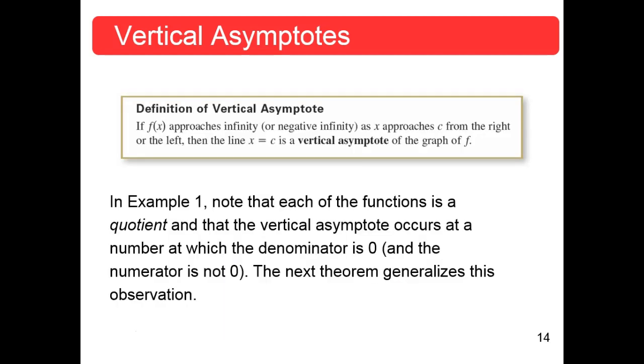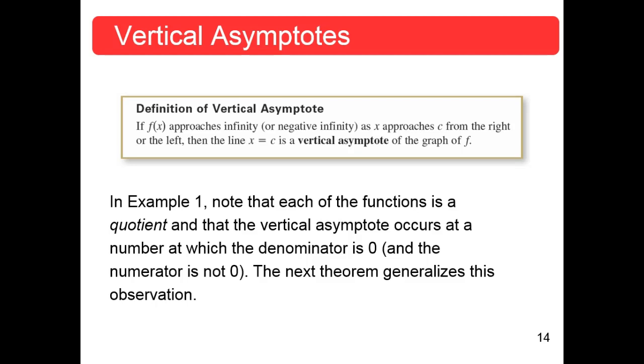So here's the definition of vertical asymptote. If f of x approaches infinity, or negative infinity, as x approaches some value c from the right or from the left, then the line x equals c is called a vertical asymptote of the graph of f.